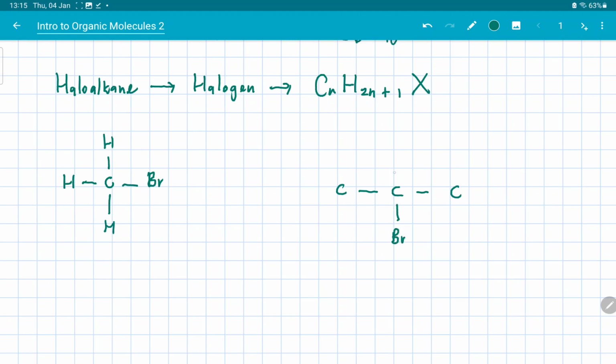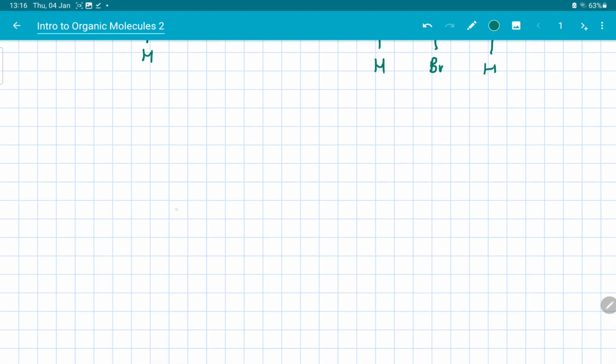Let's just use this one here to emphasize something important. Then the last one, I'll just use 4 carbons. Okay, let's just use Br, no F, so that we will emphasize the rules.